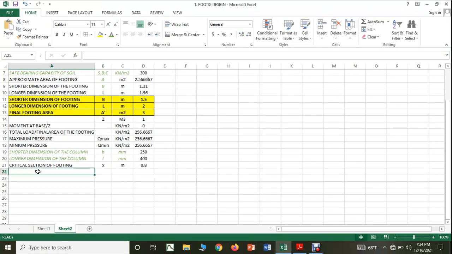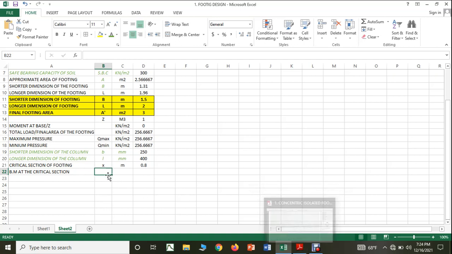Next step, so I can write bending moment at the critical section, right? So I can write this as bending moment xx in kilonewton meter, right?